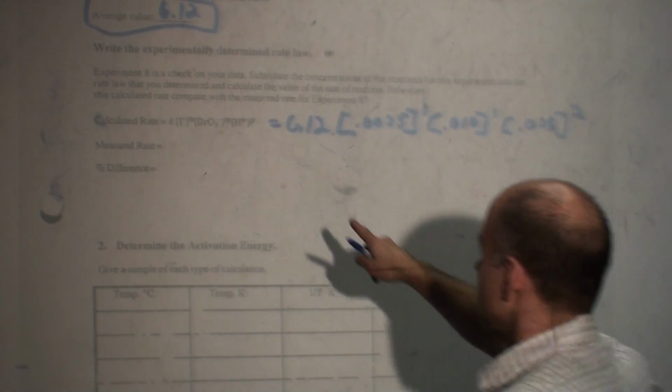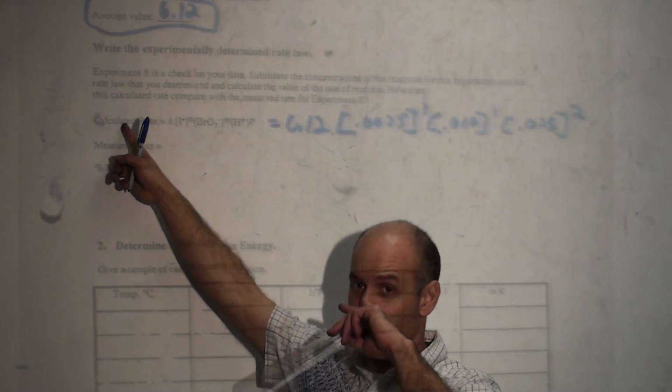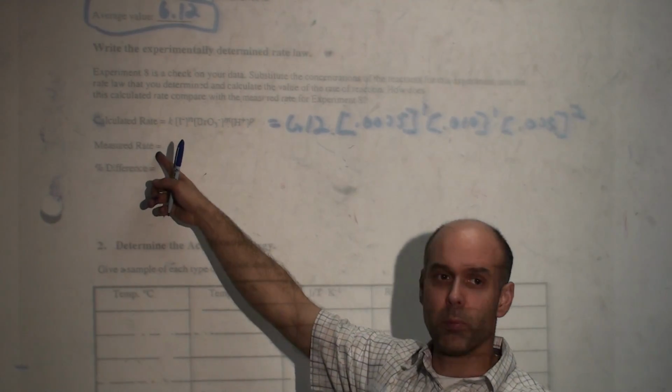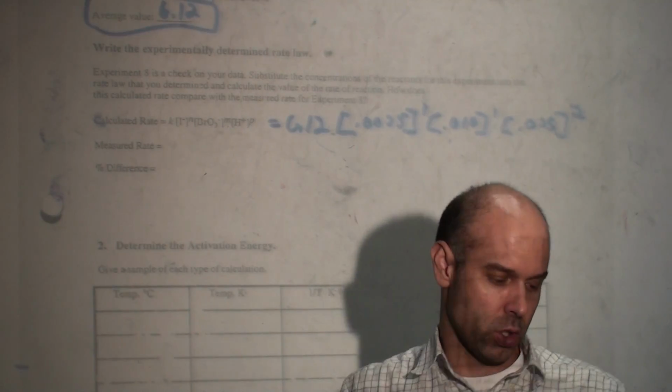And you're going to calculate the rate. Calculate what the rate should have been. And then compare that to the rate you actually measured. So my lab group measured the rate to be 3.5 times 10 to the negative 7.